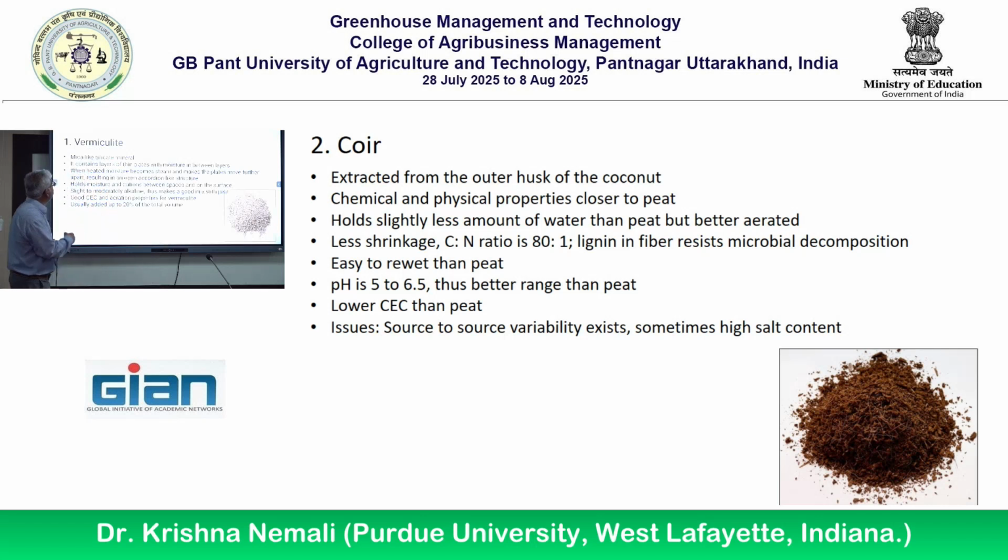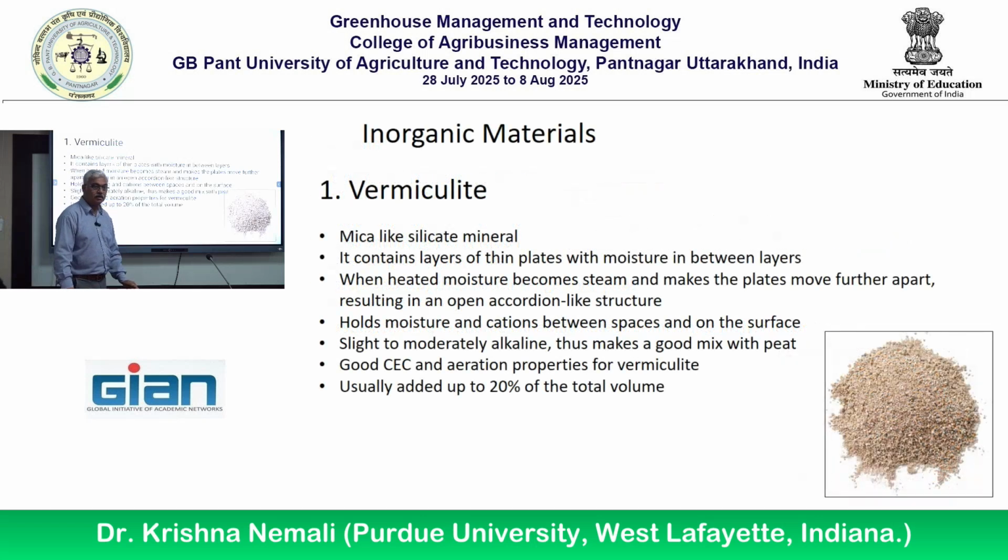Now let's look at the inorganic components. The first one is vermiculite. Vermiculite is a mica-like material, a silicate-like material, like a mineral. In this particular mineral, there are layers and layers and layers. When they moisten the mica and silicate minerals and then heat them, those layers kind of open. You know the harmonium instrument? When you open the harmonium and close it, that's exactly what is happening for the silicate materials when you heat them up.